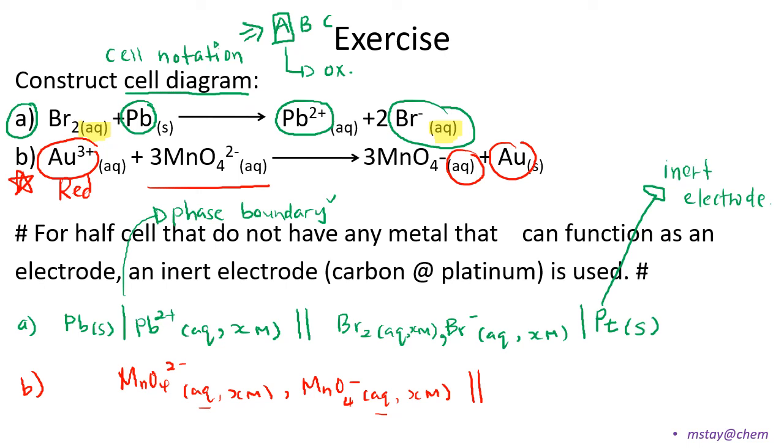So in this case, similar to question A, it will be platinum. We will put it at the left hand side with a phase boundary, because just now we mentioned that normally at both the left and right hand side, exactly next to the salt bridge, will be the solution. And then here will be Au3+ aqueous X molar, and the Au is also immersed in the solution. So this is the cell diagram for equation B.